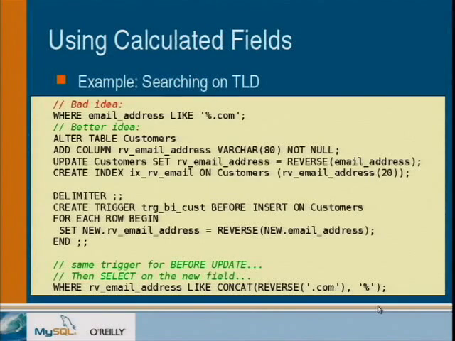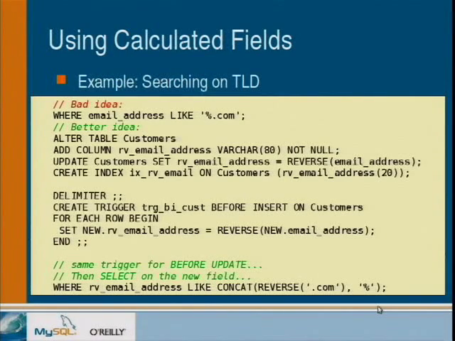So the way to do this is a little trickery: put a reversed email address in your table. With 5.0 you can use a trigger that inserts the reverse of the email address you're inserting directly into that new reverse email address field. Then on the bottom you can just do the like with reverse concat, and now you actually can use an index on that field.